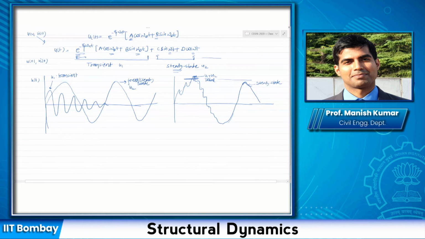There are courses in non-linear structural dynamics in which we actually consider what happens after the system fails. As I said at the beginning of the course, we are only considering linear structures, so we are assuming that these limits are much below the threshold limit. But you are right that it can exceed the failure limit during the initial transient part itself, and that might lead to failure.